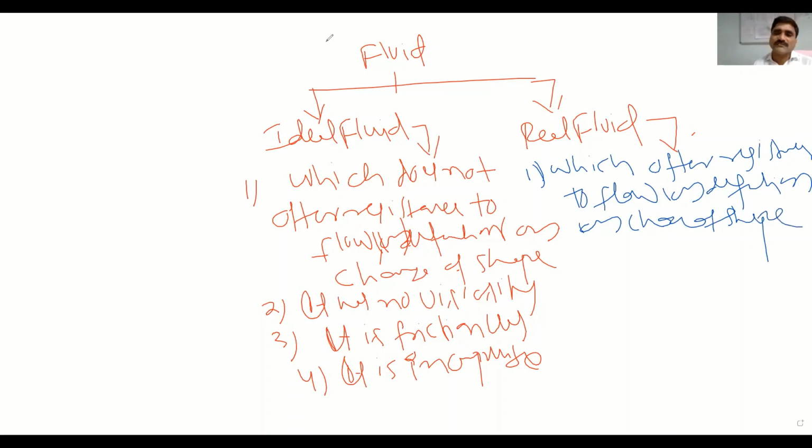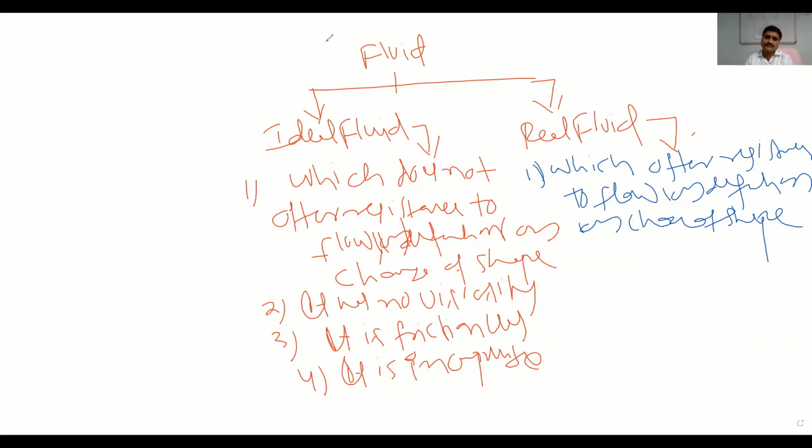Tell me, Vaishnavi, what second point should a real fluid have? It should have viscosity, beta. Third, friction, and it is a frictional fluid. And it is a compressible fluid. That is called a real fluid. Clear?